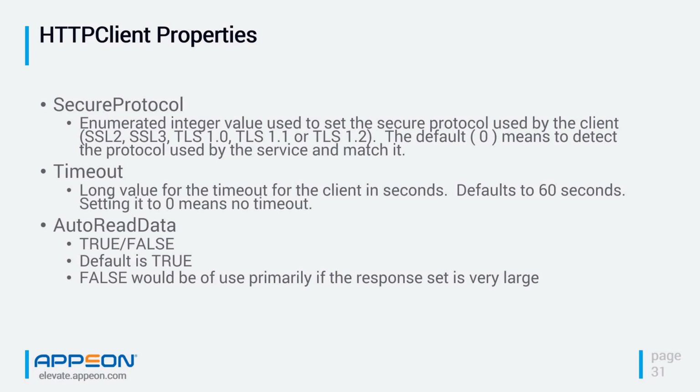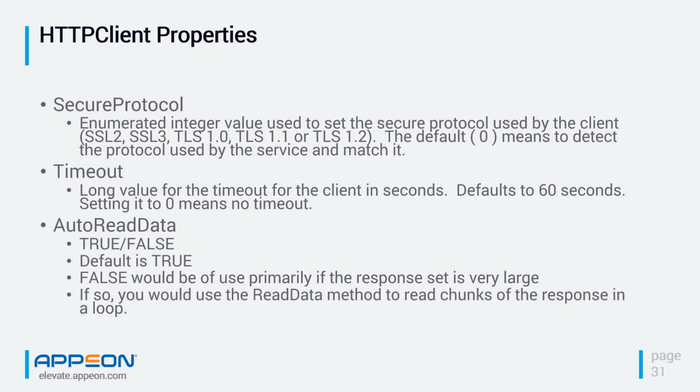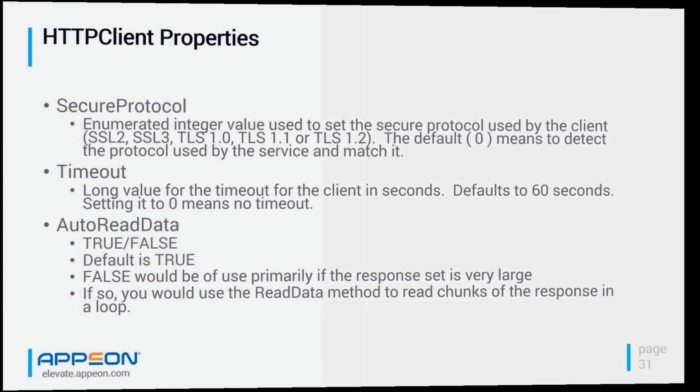If you've got a really, really large set of data, you could set this to false. And then there are some methods you would use where you could read the data in chunks instead of as one big block of data.